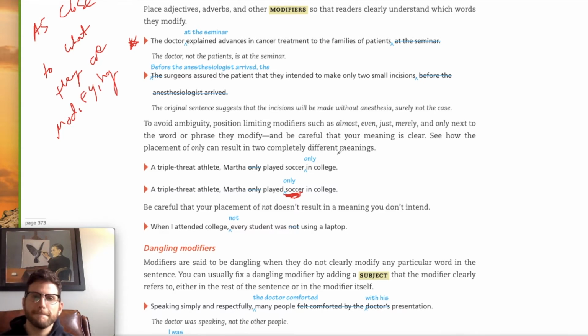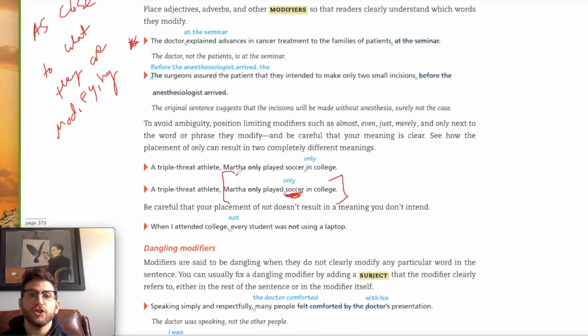Think about it. Okay. What it's telling us, if we said she played only soccer in college, is that she played one sport in college, and that sport was soccer. She played only one sport in college, and that sport was soccer.